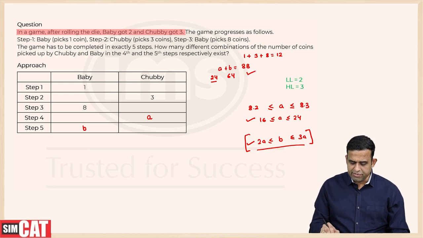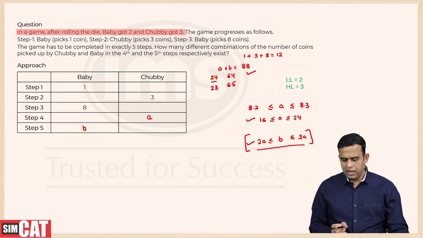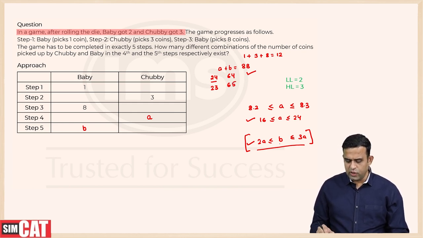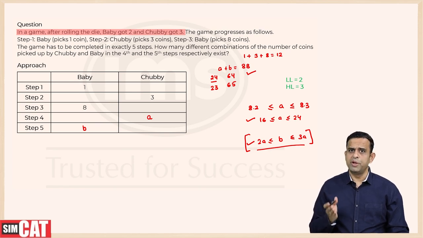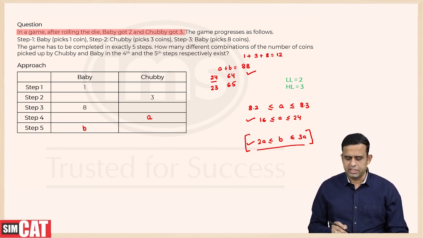So this case is perfectly fine. If I take the value of A as 23, the value of B will become 65. And again, one can see that 2 times A will be 46, 3 times A will be 69, and the number 65 happens to be between 46 and 69. This is also perfectly acceptable.